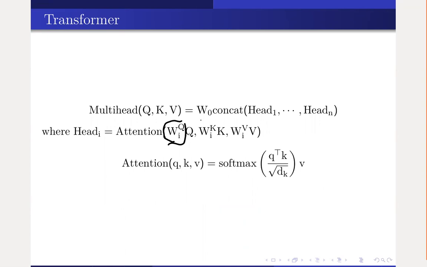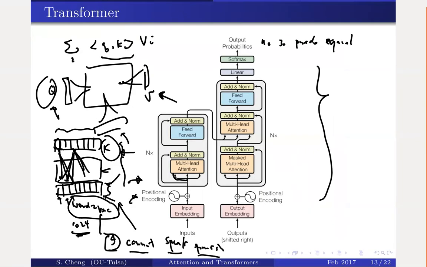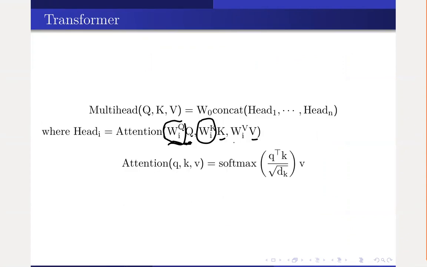by some matrix. This is simply a matrix where I do a linear multiplication with the query, key, and value. So in my case, for the word embedding getting to the attention model, Q, K, and V will be identical.